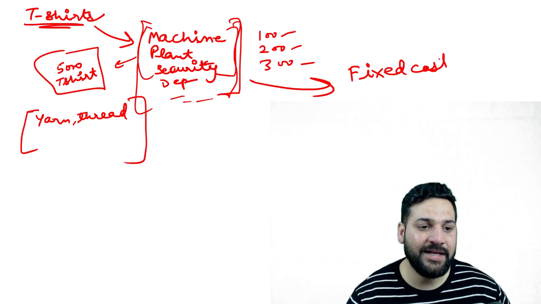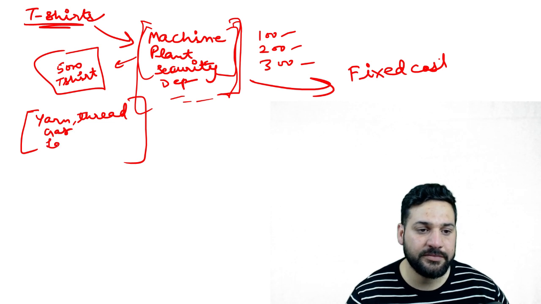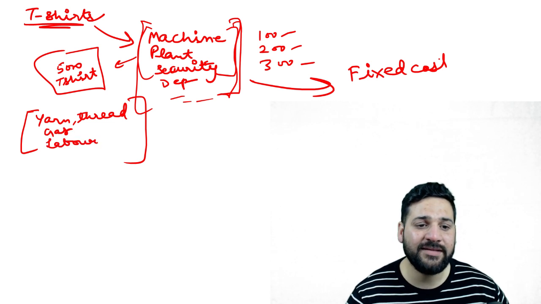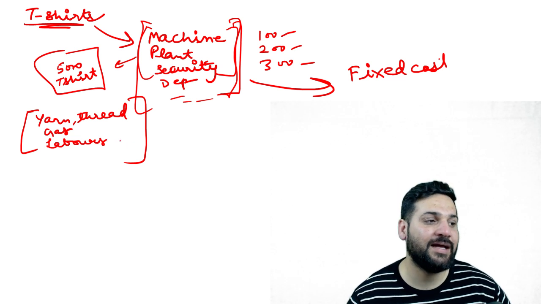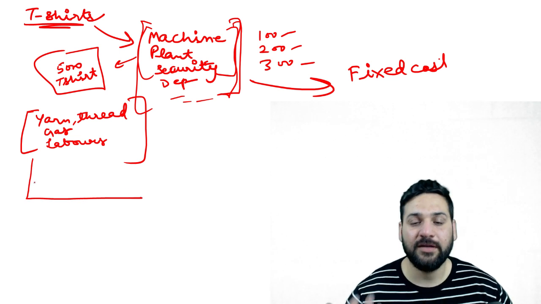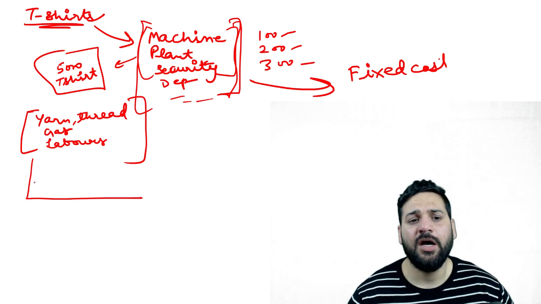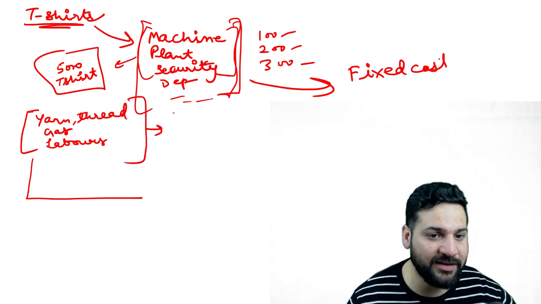So yarn, thread, electricity, gas, or direct labor, all these expenses are direct expenses, and these expenses change with the production capacity, right? So you can calculate the per unit expense of thread as, let's say, ₹2.